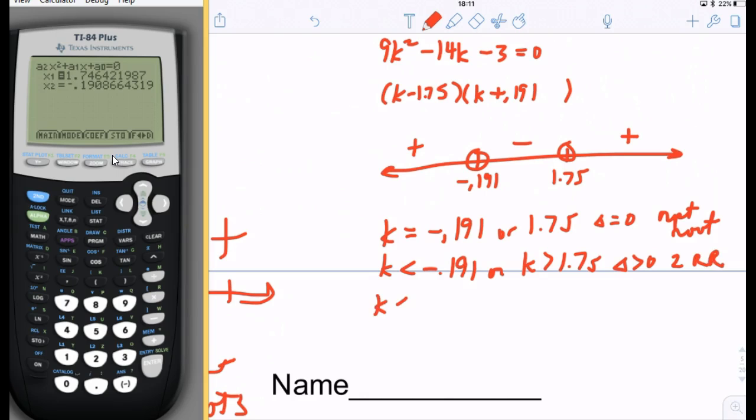And if k is between negative 0.191 and 1.75, then delta is less than 0, which means no real roots. And that's it.